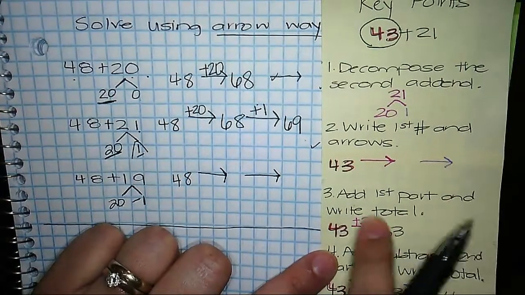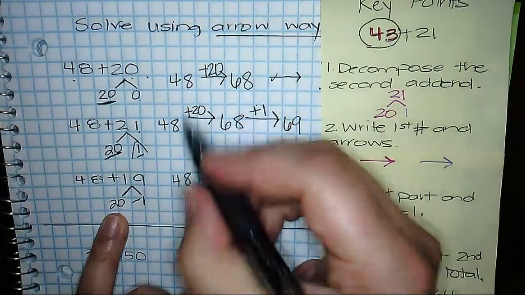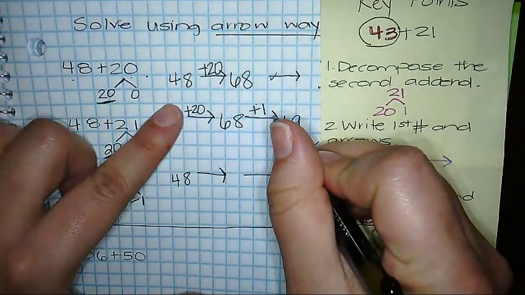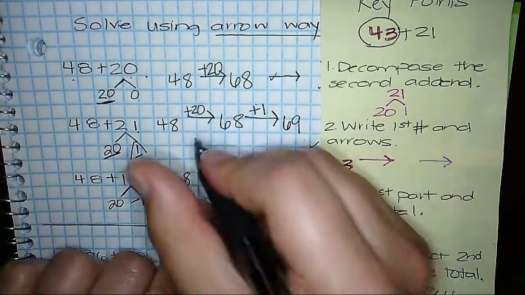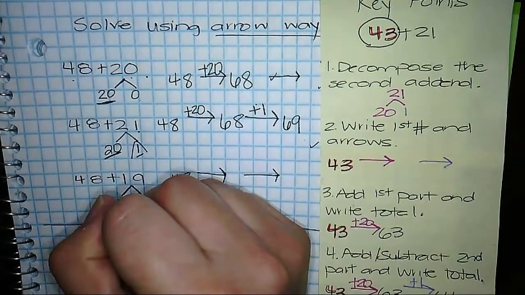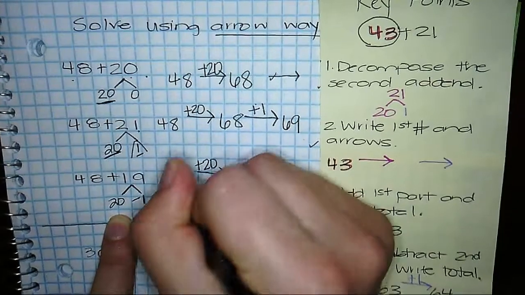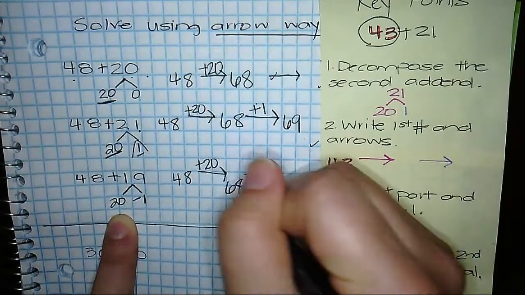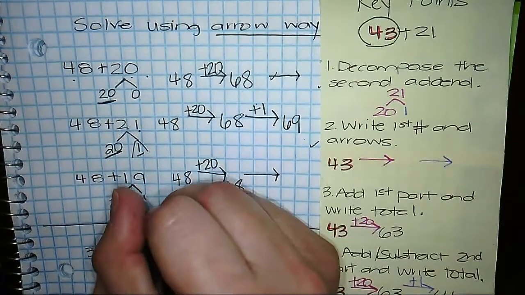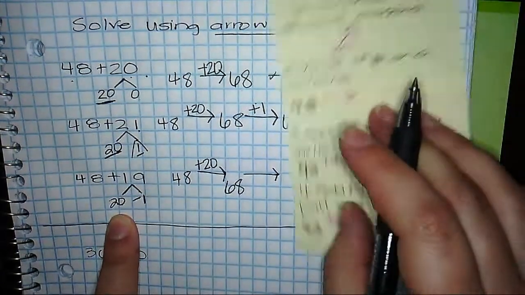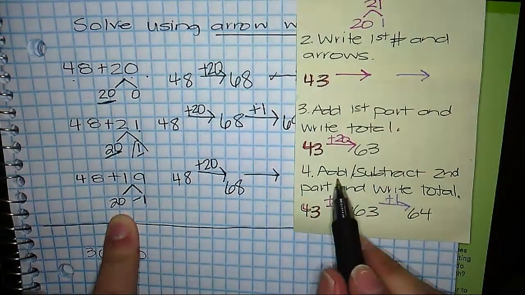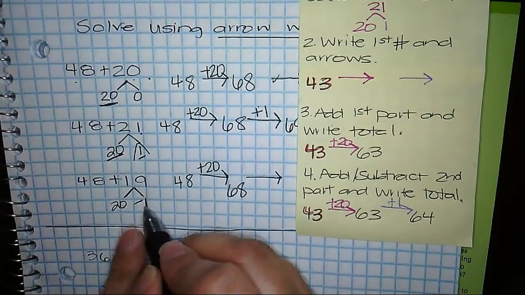Key point number 2 is add the first part and write the total. So I can copy this one, which is this part only, 48 plus 20, and that gives me 68. Now, the other one says, key point number 4, add or subtract the second part and write the total.